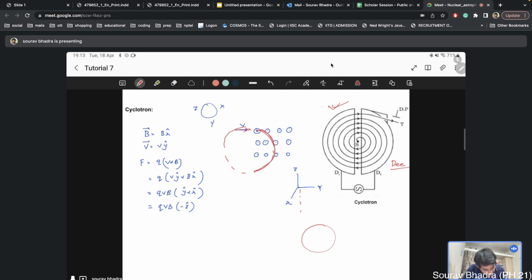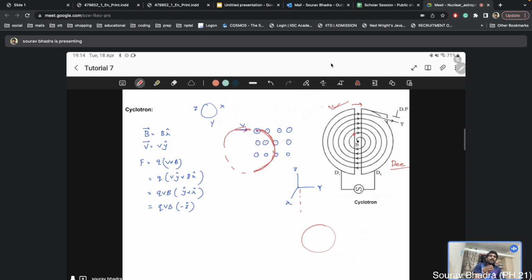Suppose the particle starts from here. The electric field will be such that every time a particle comes into that gap, it will feel some acceleration. So suppose the particle at first was in this red position. Whenever it comes just out of that D1, it will feel a force which makes it accelerate towards D2.